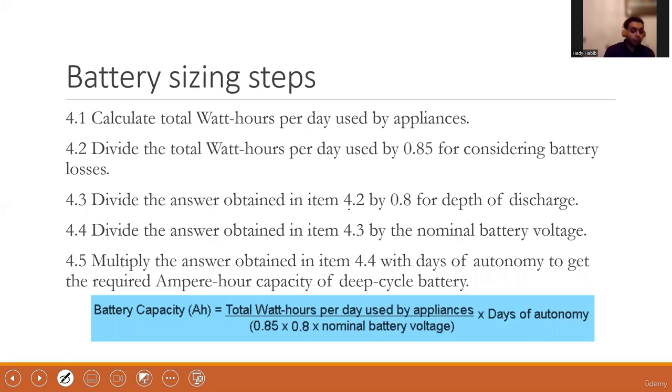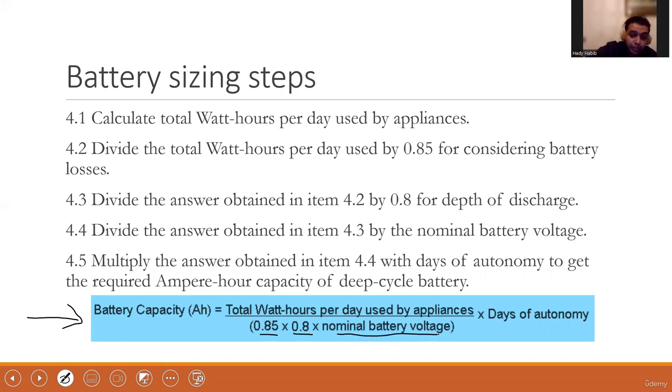To make the task easy, we are going to follow this law, which is how to calculate the ampere hour of the battery capacity. It will be the total watt hours per day used by the appliances, the total energy that we are going to have in our consumption, multiplied by the days of autonomy, the continuous days that we are not going to have sun, divided by the efficiency, multiplied by the depth of discharge, and the nominal battery voltage.